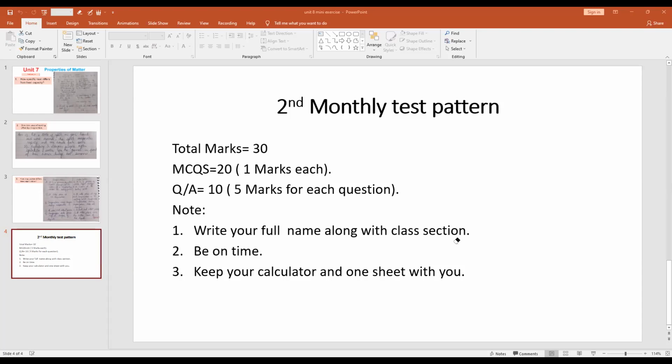Then if you open to 8.6, it is latent heat of vaporization, right? So you must know the definition of latent heat of fusion, the purpose of latent heat of fusion, and the formula that we are using in latent heat of fusion.